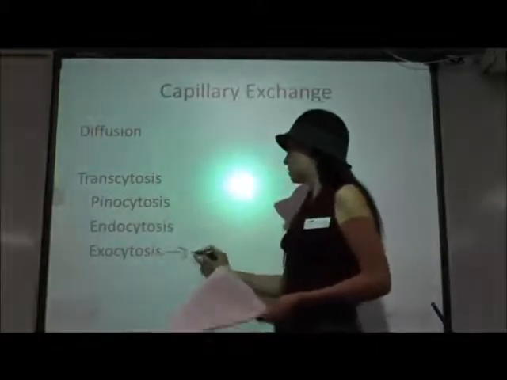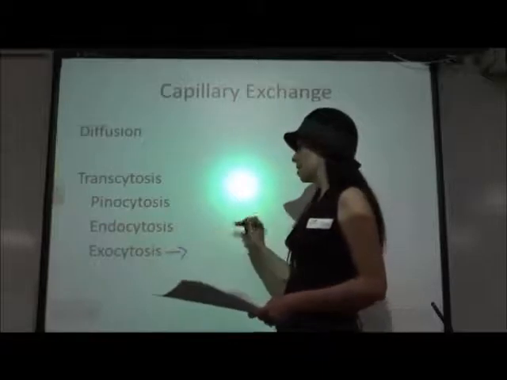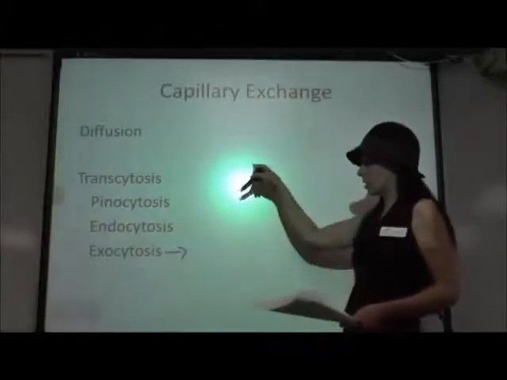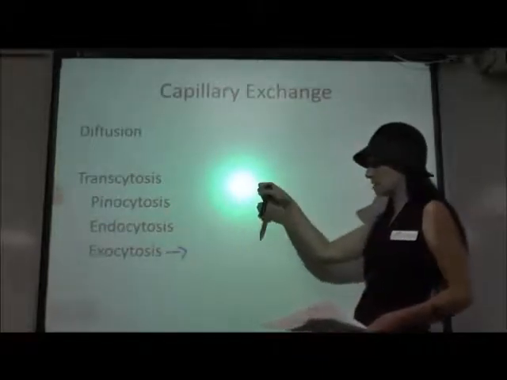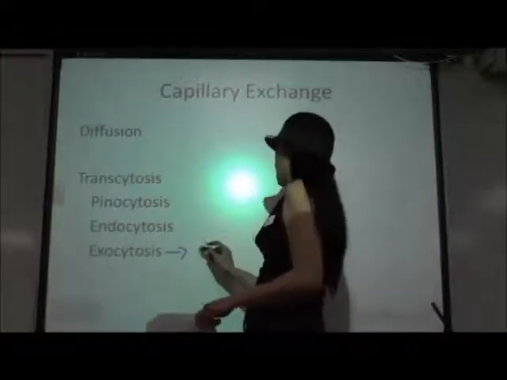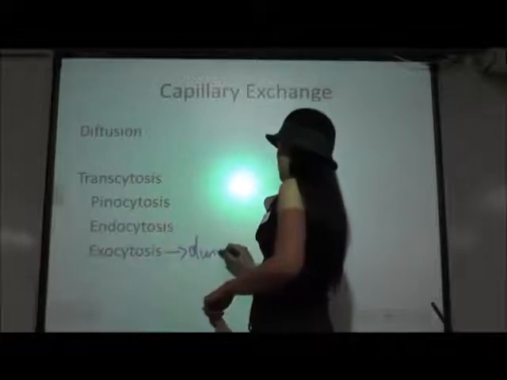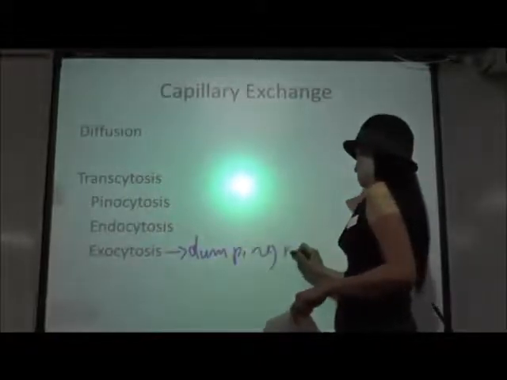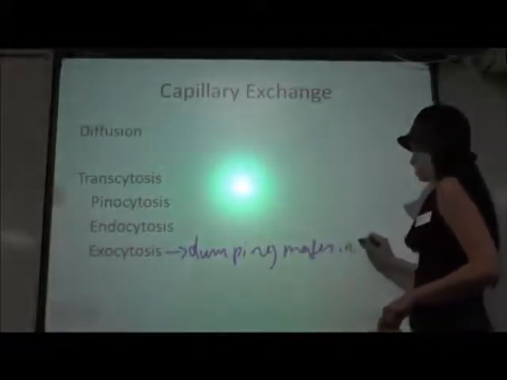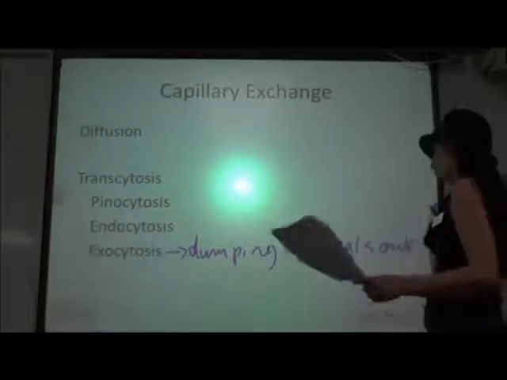And then exocytosis now is how we're going to get what we just brought in. It's going to go across the cell through the cytoplasm and be dumped out on the other side. So this would be dumping materials out of the cell in a vesicle.